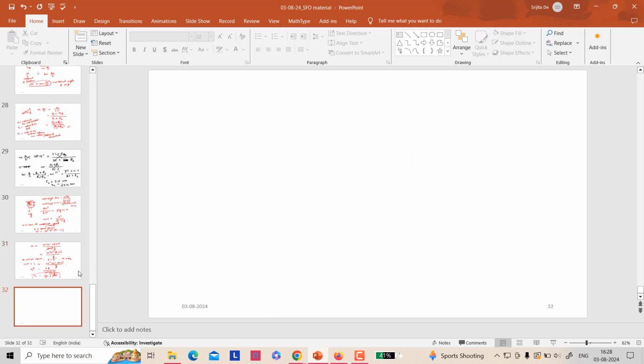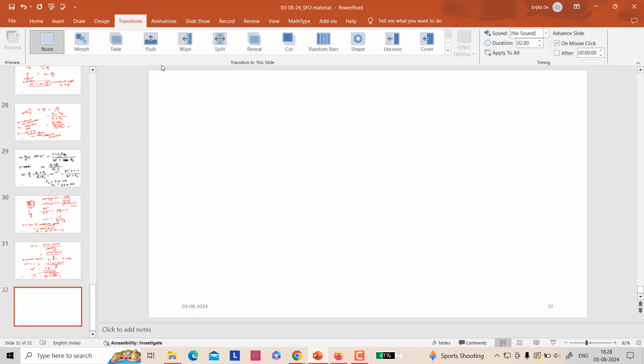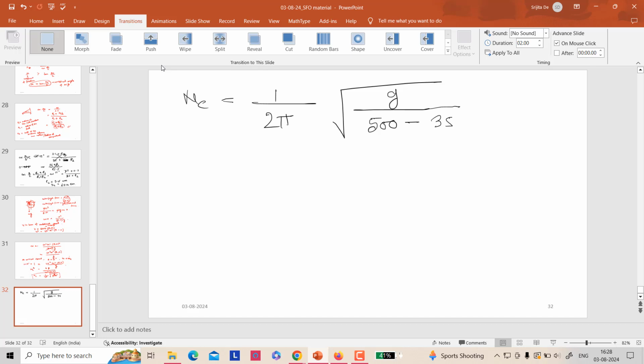Now, what is the speed? So nc will be 1 by 2 pi root under g by R minus r. The ball mill diameter is 1000 millimeter, so its radius will be 500, and the particle's diameter is 70 millimeters, so its radius will be 35. So how much is it coming?